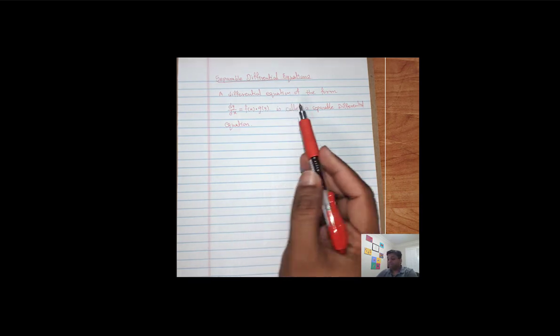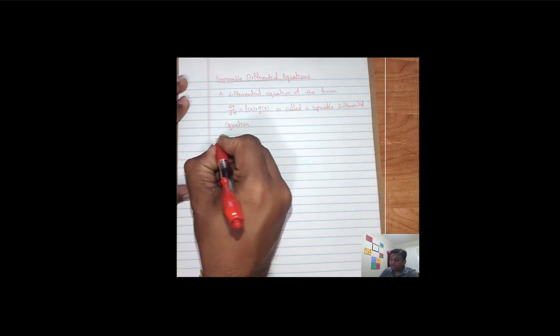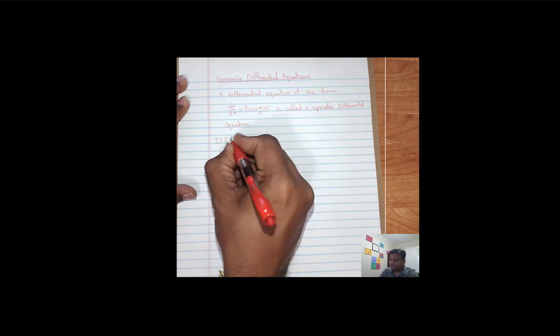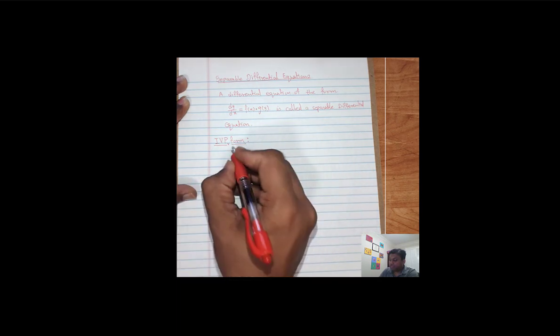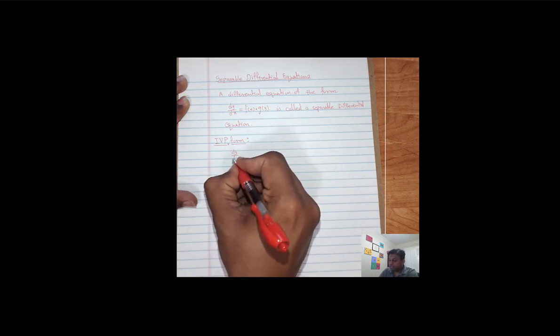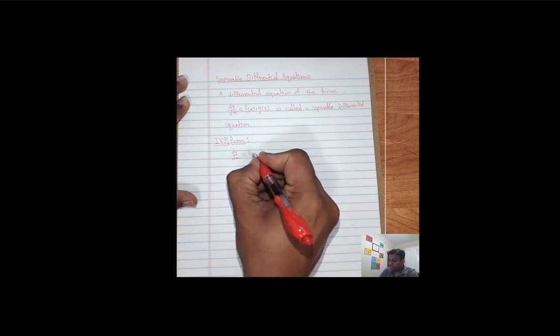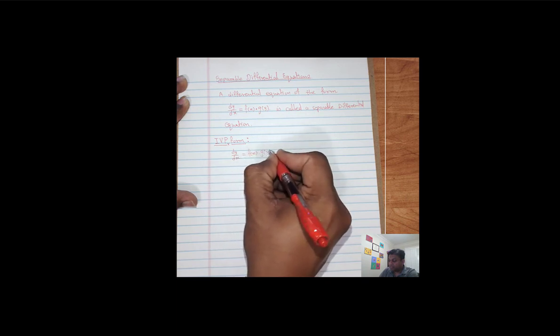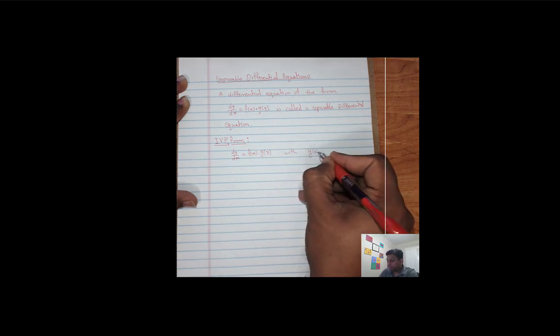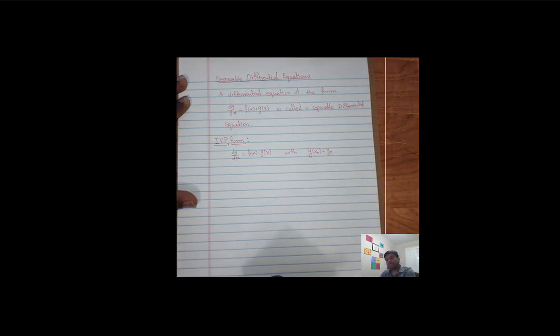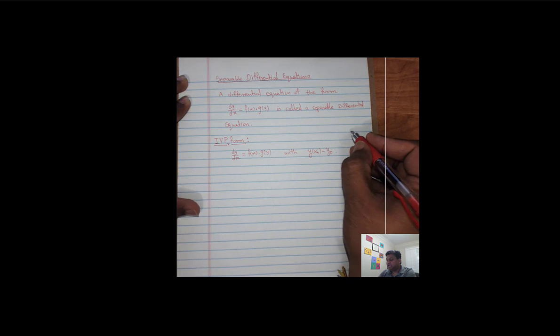I would like to give you the initial value problem form, the IVP form. It's a differential equation with associated initial data. Often you have seen a function written in this format, y equal to f of x.